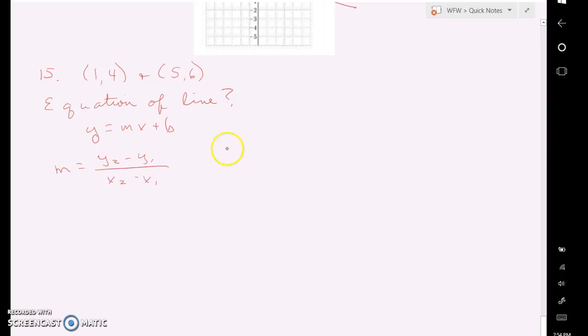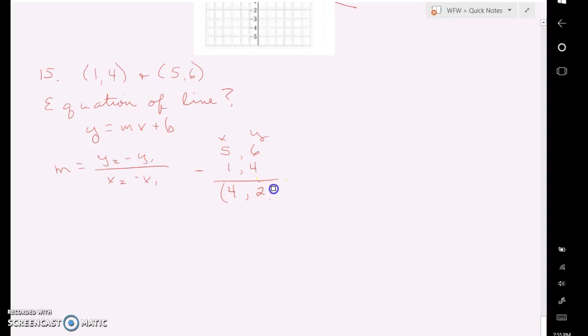A nice way to do this is line up your points. There's one point and there's another. These are the x's and these are the y's, so you're going to subtract them. 6 minus 4 is 2, and 5 minus 1 is 4. So there is your y value and your x value. We don't need parentheses around it.